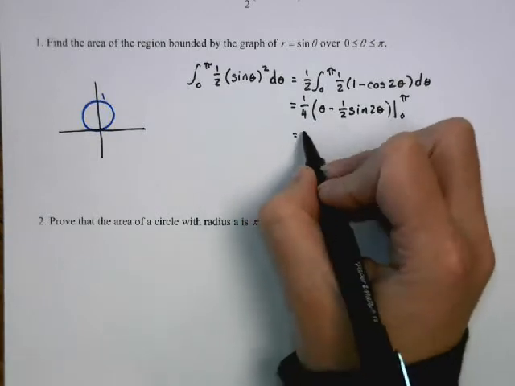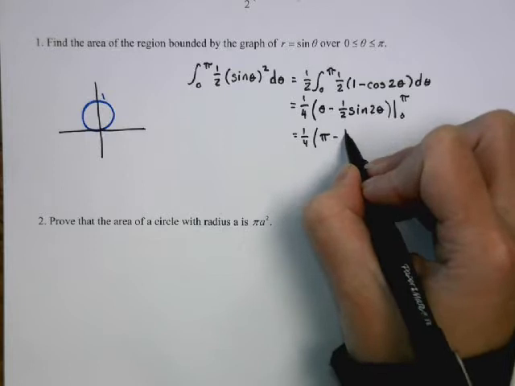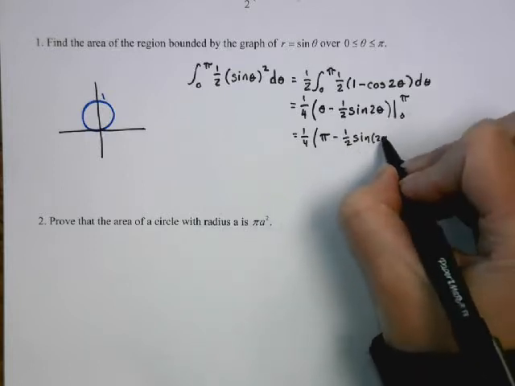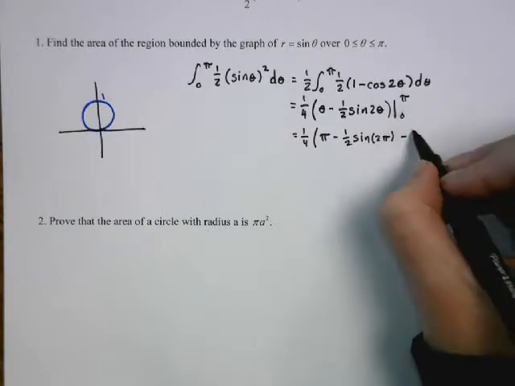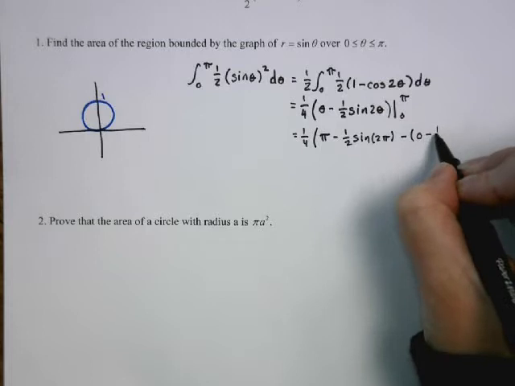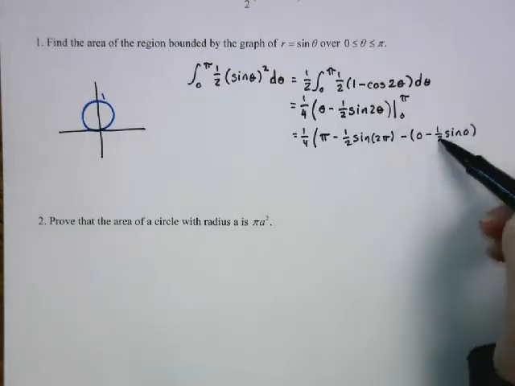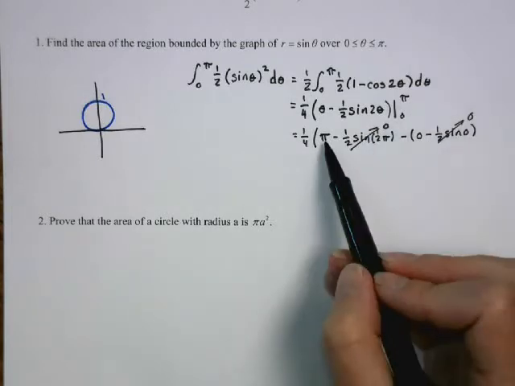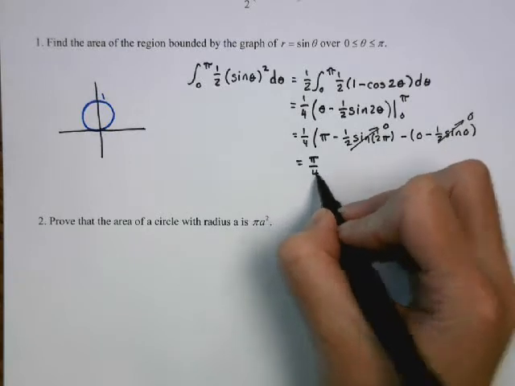So this is going to be 1/4 times pi minus 1/2 sine 2 pi, minus 0 minus 1/2 sine of 0. So that's 0, sine of 2 pi is 0. So all we have left here is pi, so this is going to be pi over 4.